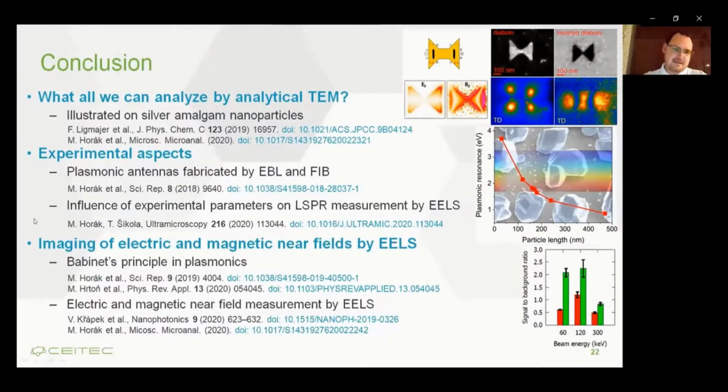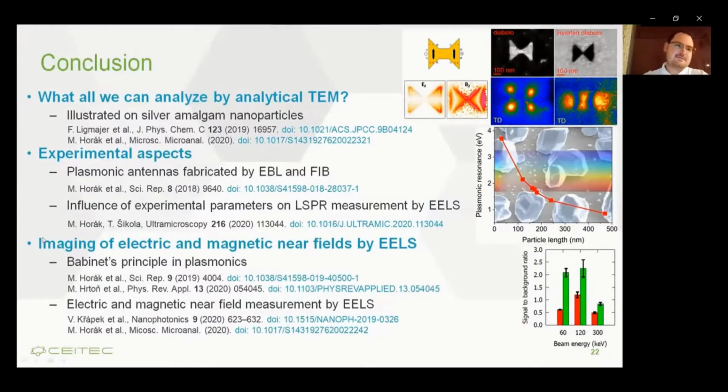Then I discussed the influence of experimental parameters on localized surface plasmon measurement by electron energy loss spectroscopy, showing that we need a compromise between elastic scattering and relativistic effects. So the best way is to use a middle primary beam energy. In our case, it was 120 kV.